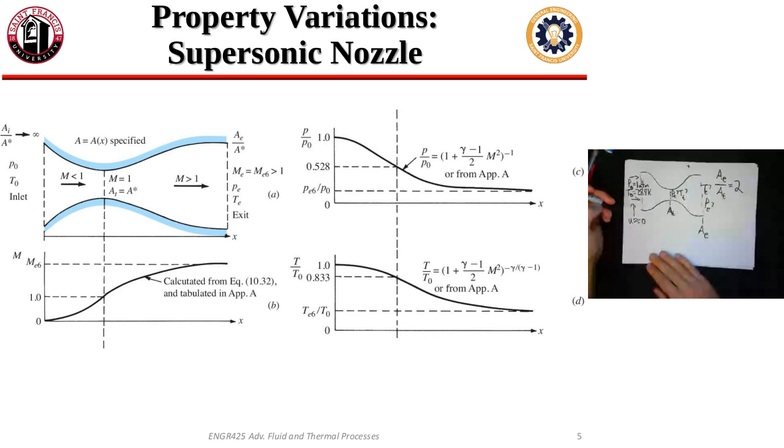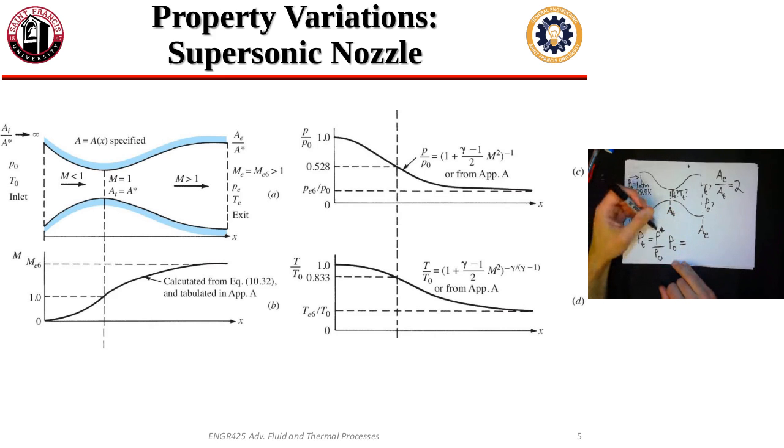Therefore, if I go to my isentropic flow tables, I can define P throat as the ratio P star over P naught, multiplied by P naught, and I get my static pressure at the throat, right?